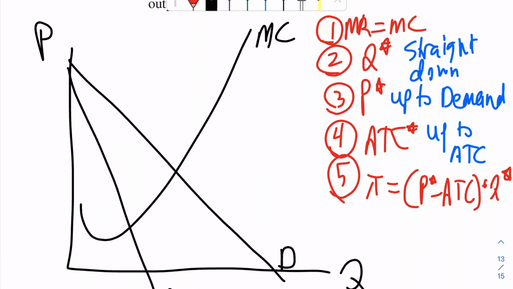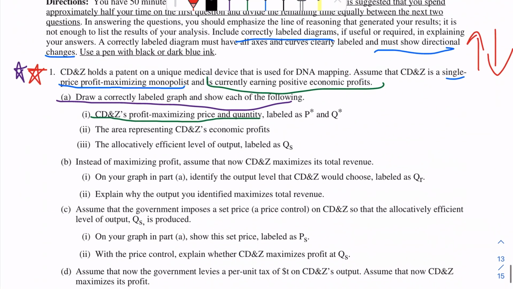The first step I told you was MR equals MC. Now we find the quantity. Then we go up to the demand to find price. So that's your price. Now, step four is finding your ATC. That is why it is very important to read the question here, because they are earning economic profits. That means that your price is more than your ATC.